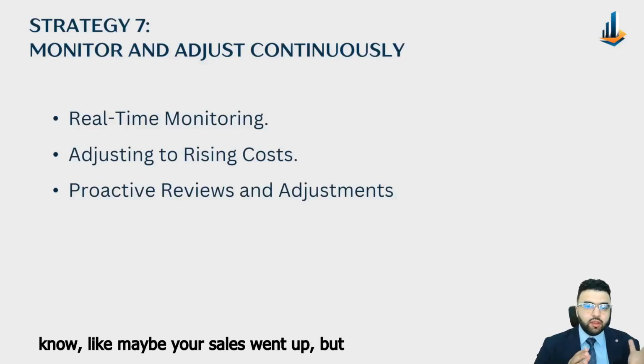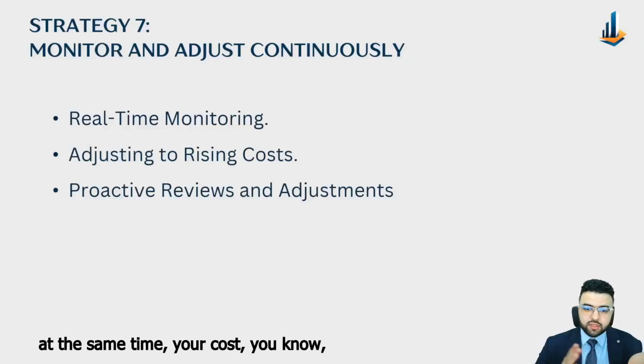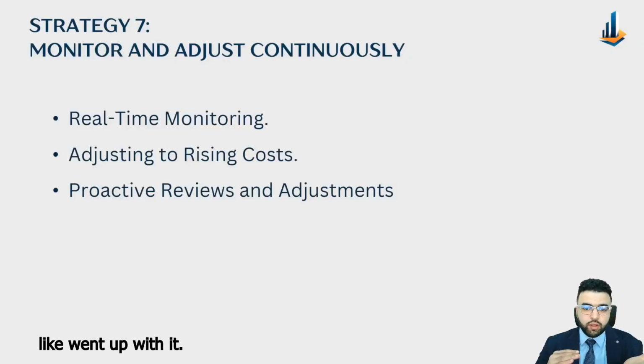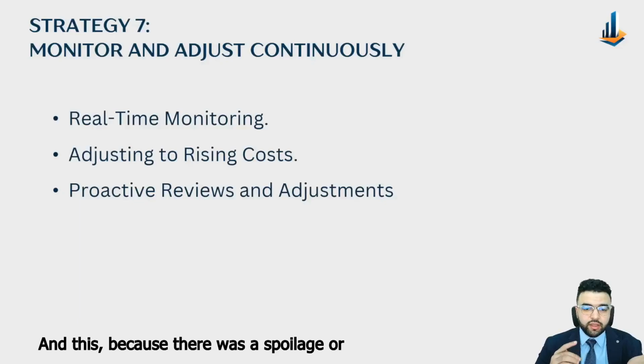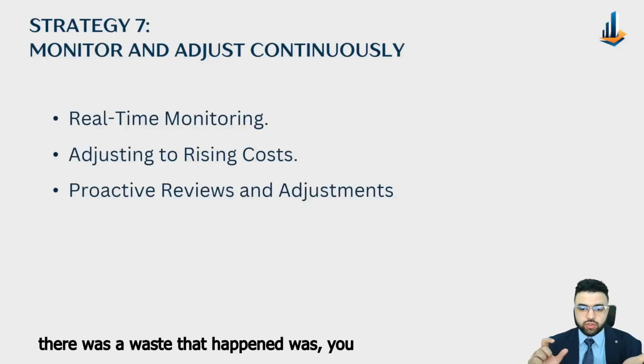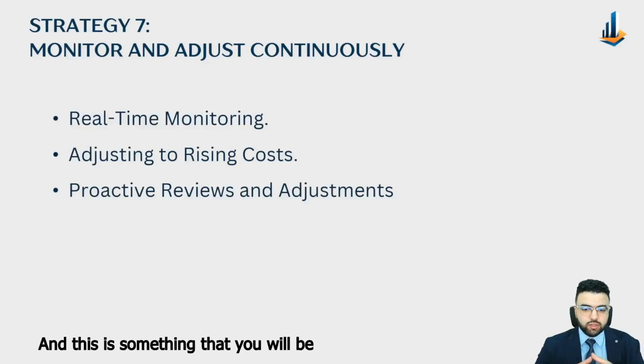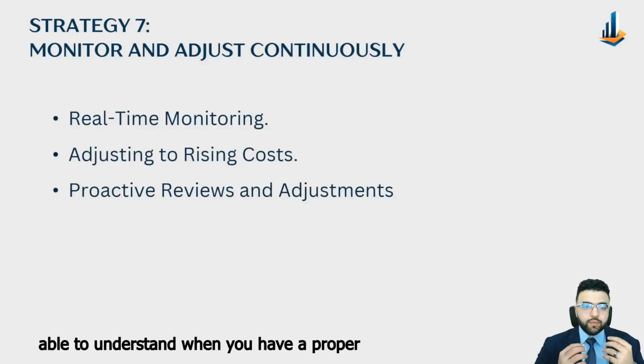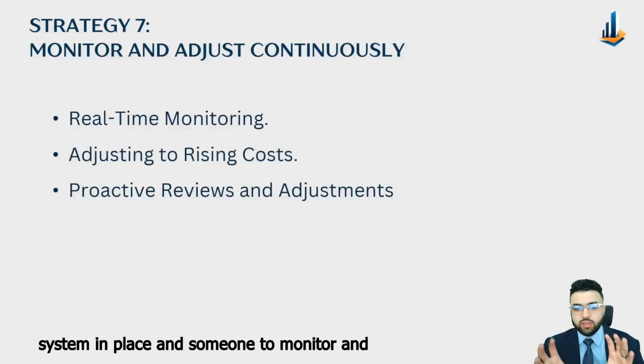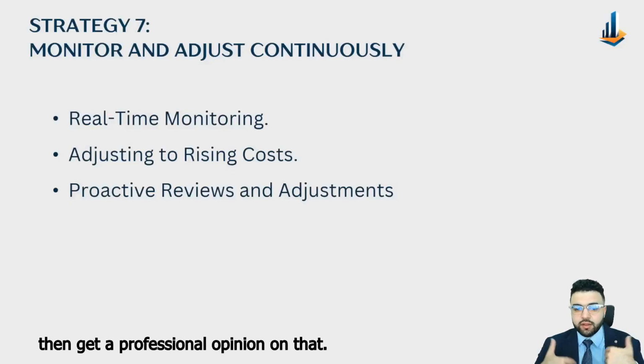What happened? Maybe your sales went up, but at the same time your cost went up with it. And this is because there was spoilage or waste that happened with increasing volume in your operation. And this is something that you will be able to understand when you have a proper system in place and someone to monitor it and then get a professional opinion on that.